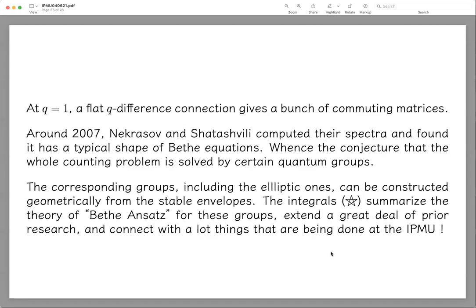And a basic fact about this, one basic historical fact about this is the following: if I have this object, so let me come back here.